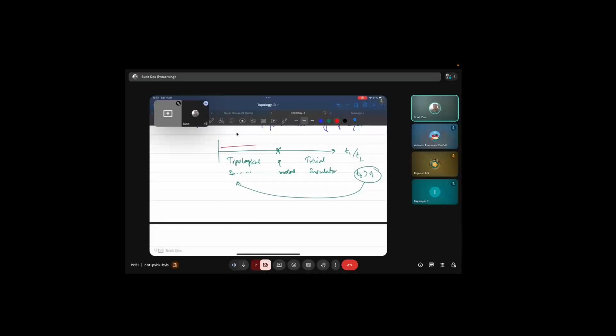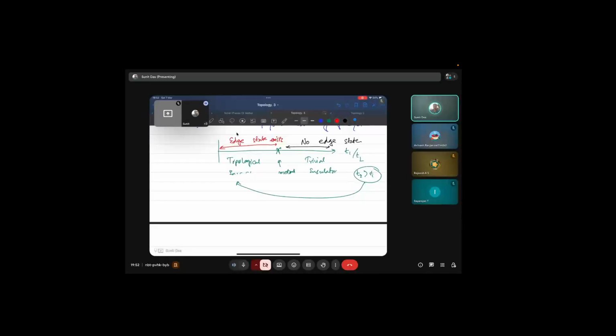And along this regime, as long as you are in the topological case, the edge state exists. And in this regime, there is no edge state. Okay.